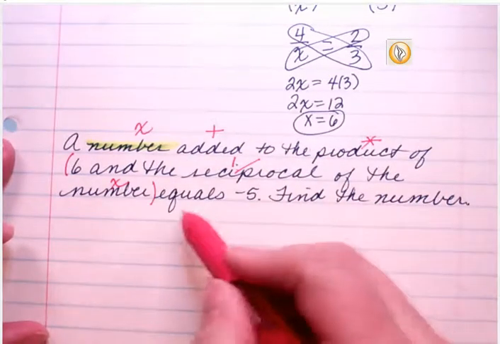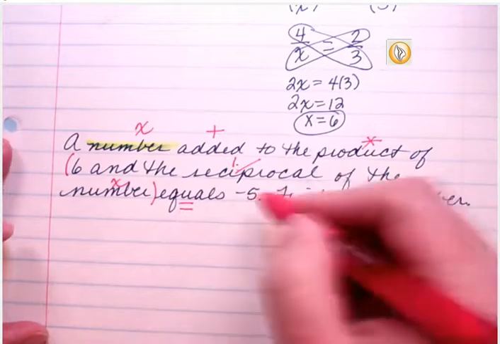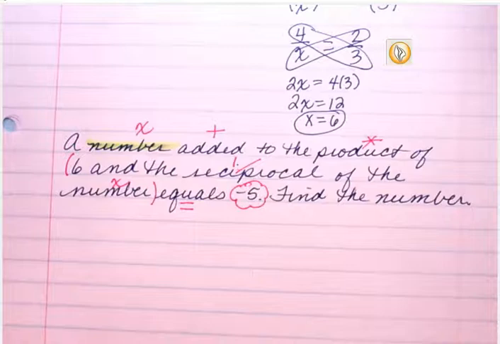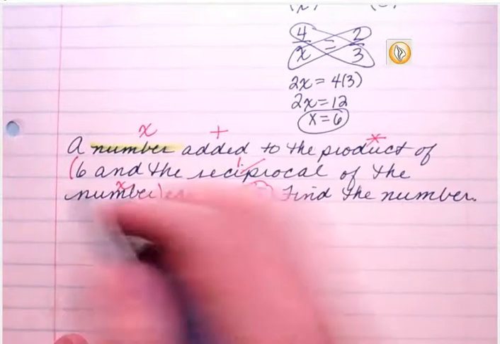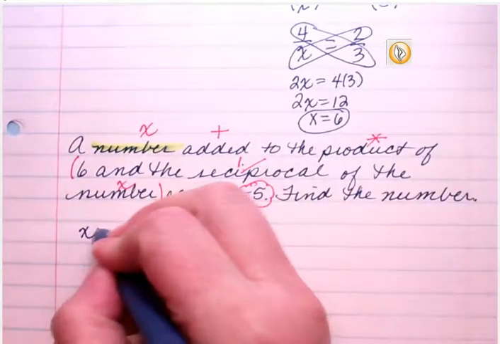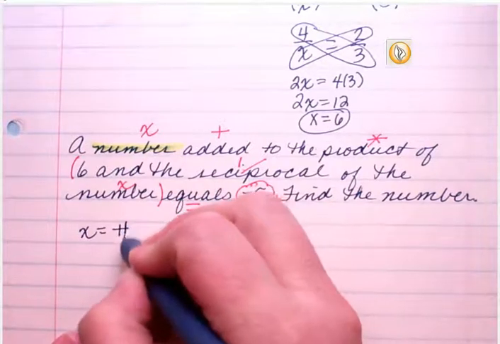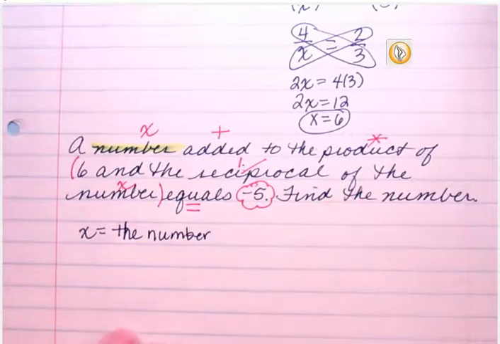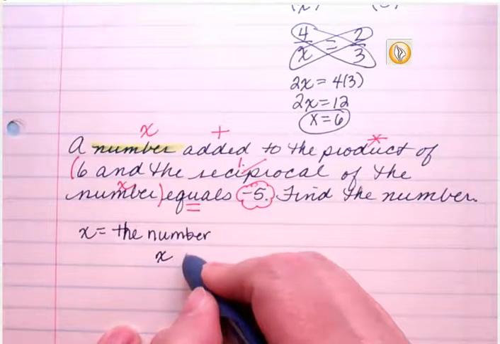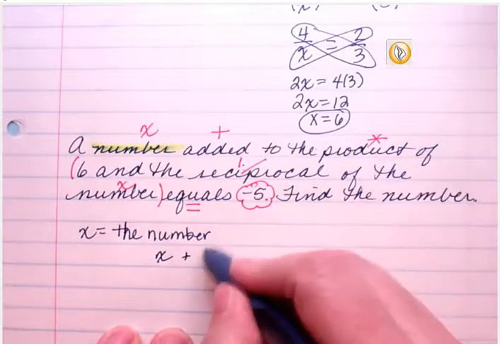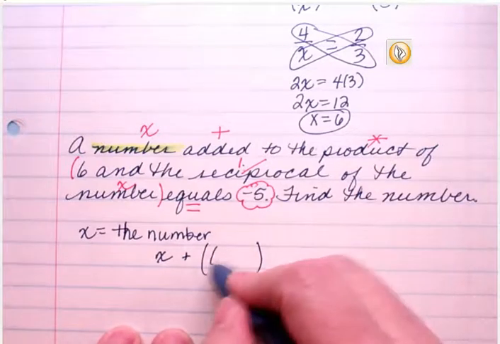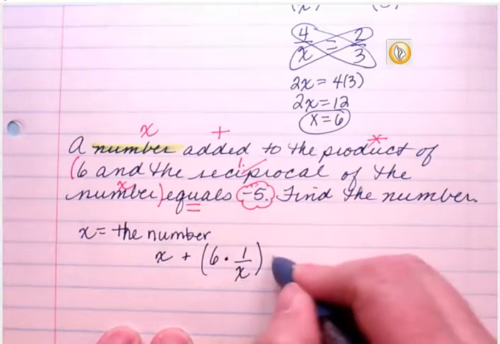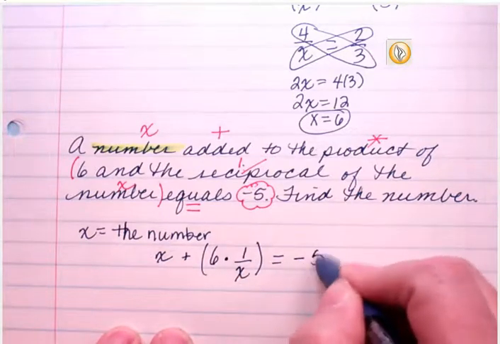And that's going to equal -5. So again, when I look at what I've translated here, x is my number. So it says a number added to the product of 6 and the reciprocal of the number equals -5.